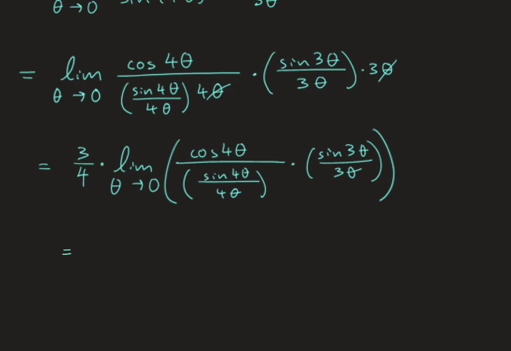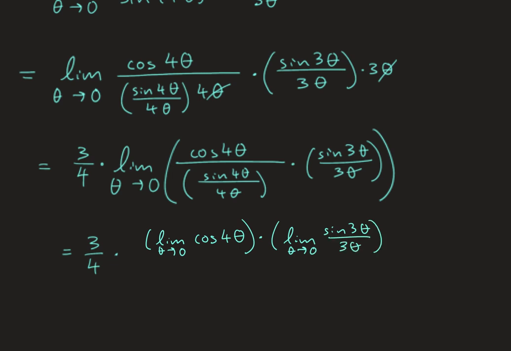So this is the same thing as 3/4 times, in my numerator, I got a limit as theta approaches 0 of the cosine of 4 theta, all right, times the limit as theta approaches 0 of sine of 3 theta divided by 3 theta, all divided by the limit as theta approaches 0 of sine 4 theta divided by 4 theta.